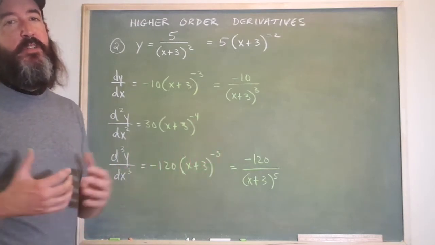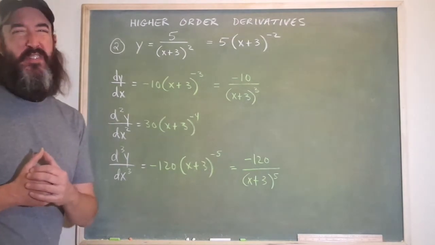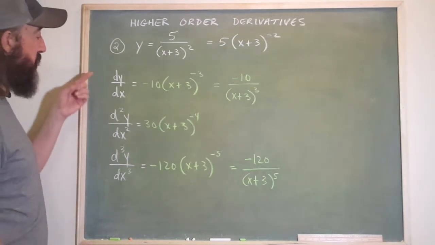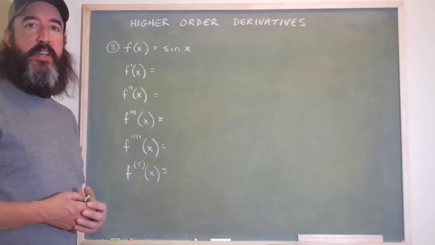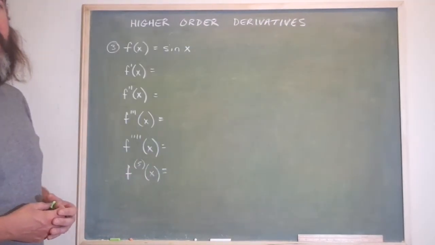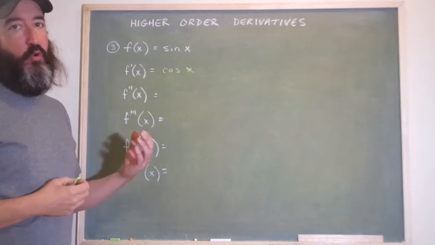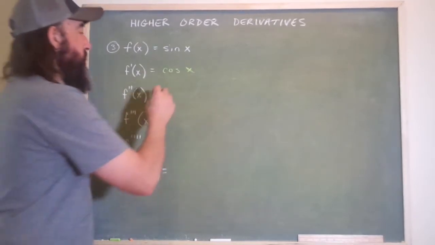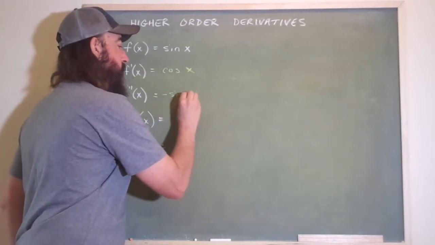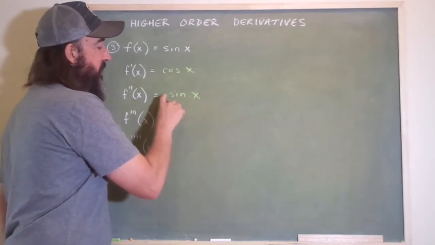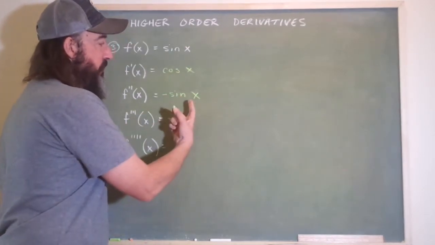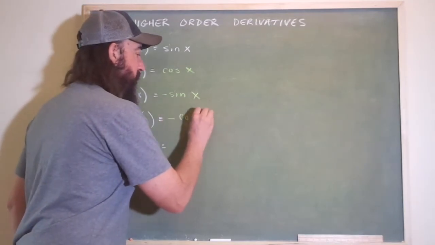Now, in first semester calculus, we don't use third and fourth or fifth derivatives very often, but we do use first derivatives and second derivatives quite a bit. Here's a fun example. I know the derivative of sine x is cosine x. And of course, the derivative of cosine x is negative sine x. Well, when I get the derivative of negative sine x, this negative is a constant multiplier, and the derivative of sine x is cosine x.